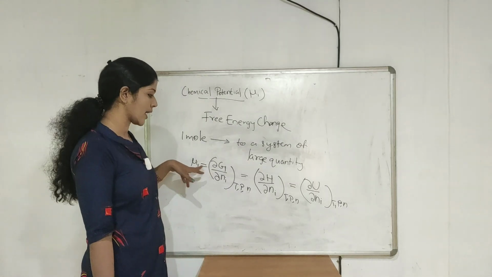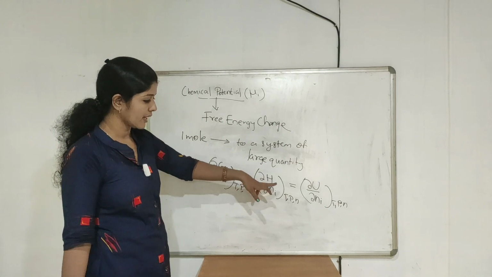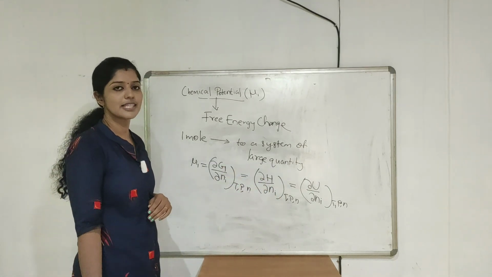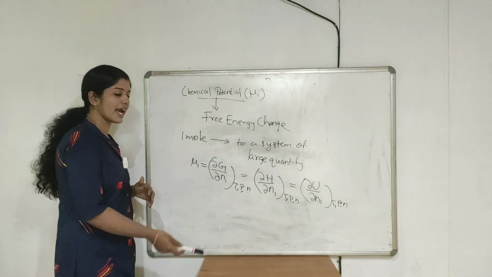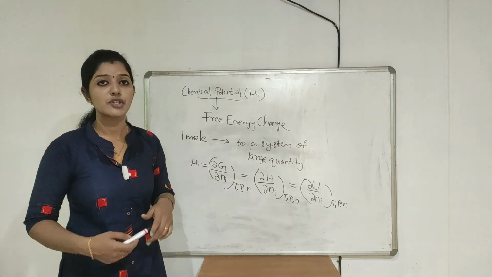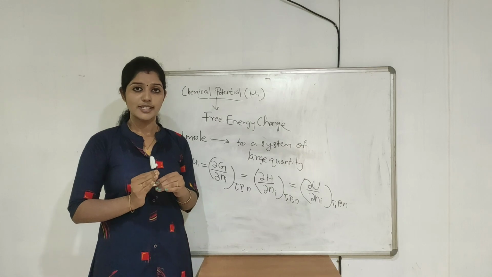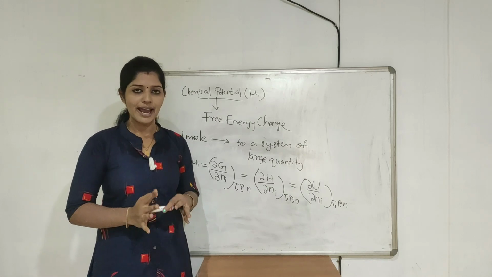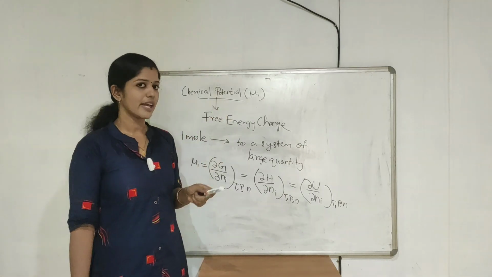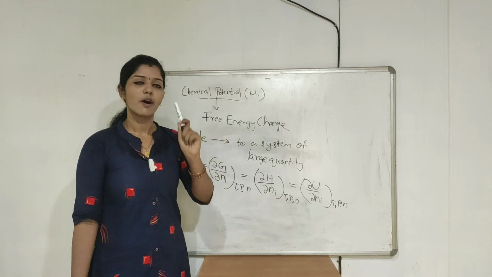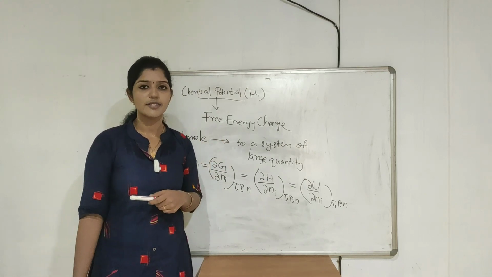So we can represent mu i in terms of G, H and U. This is chemical potential. Or directly we can say that the chemical potential of a system is always directly proportional to its concentration. Always remember this: chemical potential is free energy change, and it is always directly proportional to the concentration.